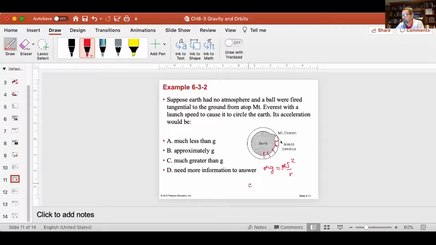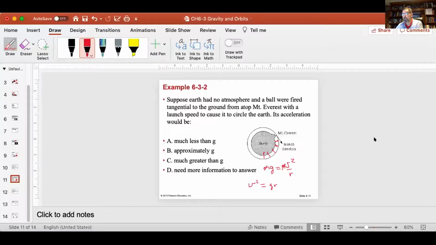And so this tells us one of the equations from the pre-lecture video: v squared is equal to g times r. What causes the satellite to circle around the Earth is the acceleration due to gravity. And so I think the best answer is approximately g.